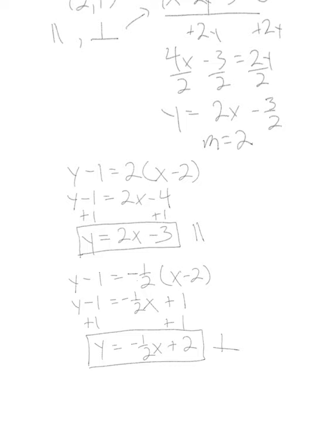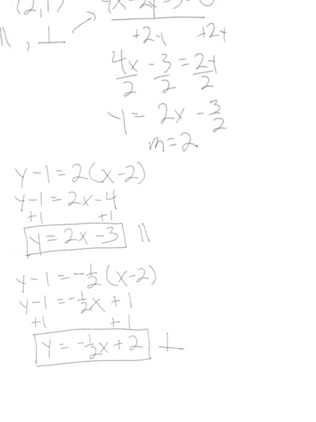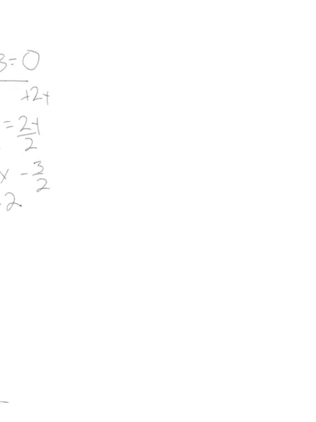Let's do another example, our last and final example here. Let's say we are given the point (3, 2) and the equation x minus 4 equals 0.